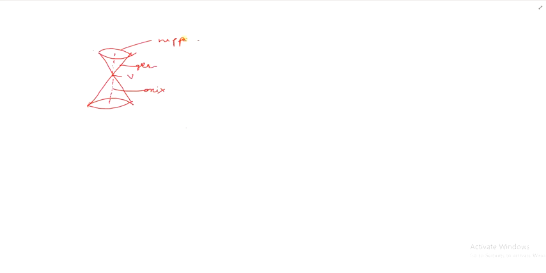If we take the intersection of a plane with the cone at different angles, then we get different parts, and these parts are known as conic sections. So this is the parabola. If we take a vertical intersection, do you remember the diagrams which we have seen in the last lecture?